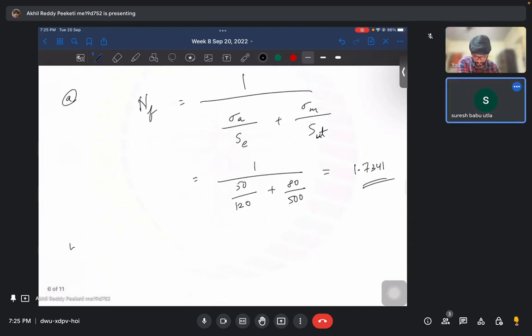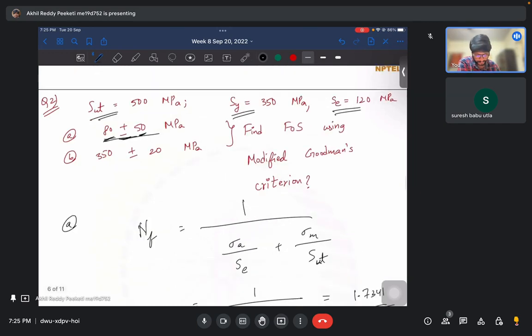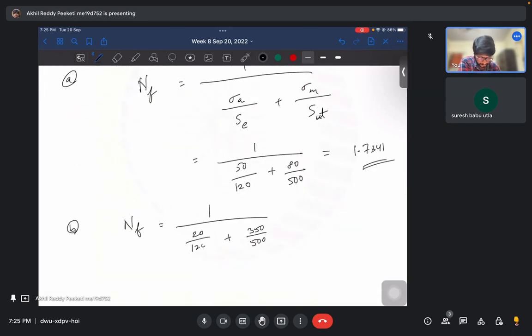Yeah. So now similarly the second one, 1 by, so mean is 350 there, 350 by 500 and amplitude is 20 only. So if we substitute 1 by 20 by 120 plus 350 by 500, 1.1538.